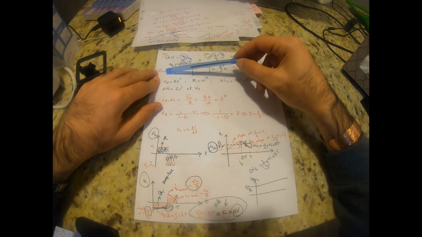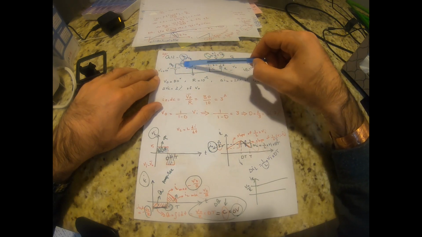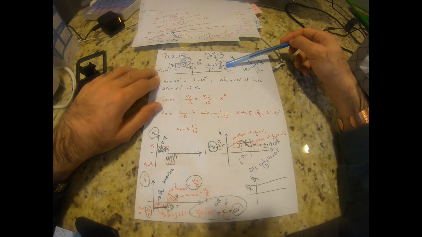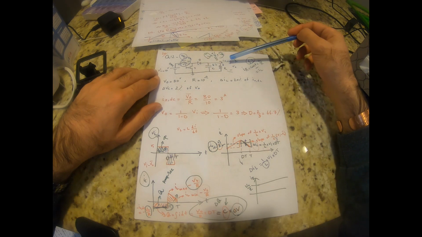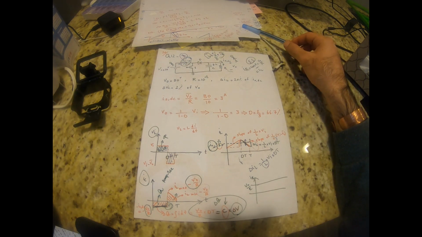The boost converter steps up the voltage, basically using an inductor. We save some energy in it, and then that energy gets released into the load, and our output voltage is going to be bigger than our input voltage.